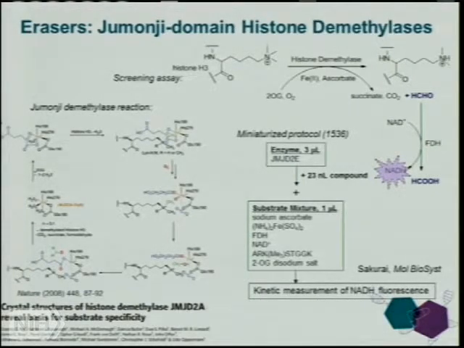So we would use excess formaldehyde dehydrogenase, excess NAD, and capture any and all molecules of formaldehyde formed on the fly, in line, in real time, and follow the fluorescence as a time course type measurement.